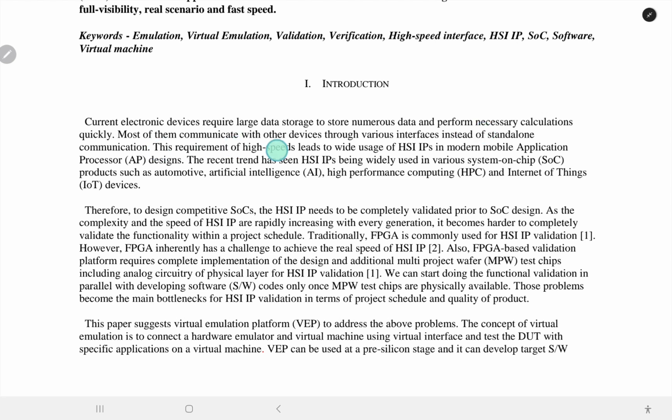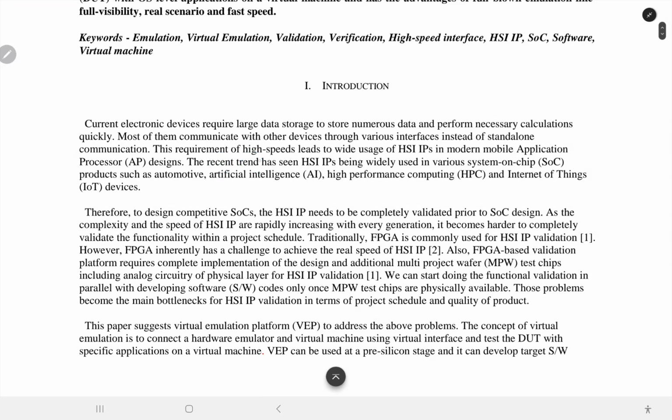This requirement of the high speeds leads to wide usage of HSI IPs in modern mobile application processor (AP) designs. The recent trend has been HSI IPs being widely used in various system-on-a-chip (SoC) products such as automotive, artificial intelligence (AI), high-performance computing (HPC), and Internet of Things (IoT) devices.